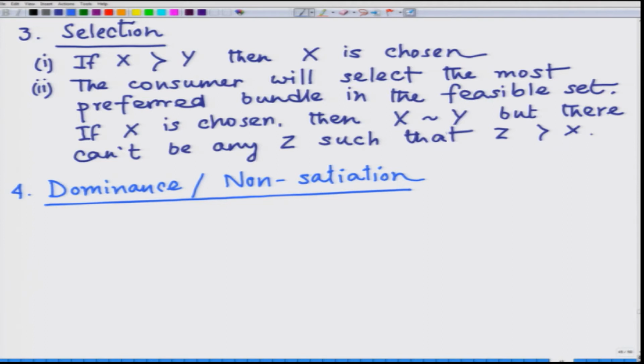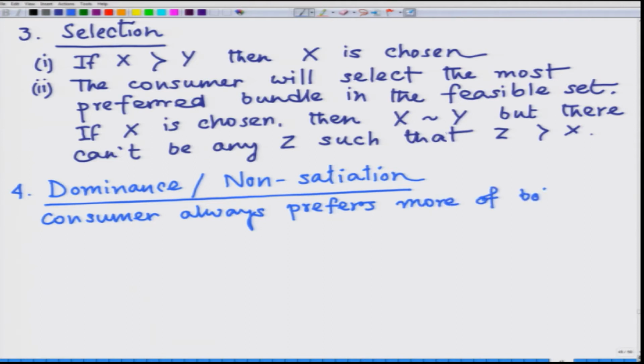It means in words that a consumer always prefers more of both commodities to less.